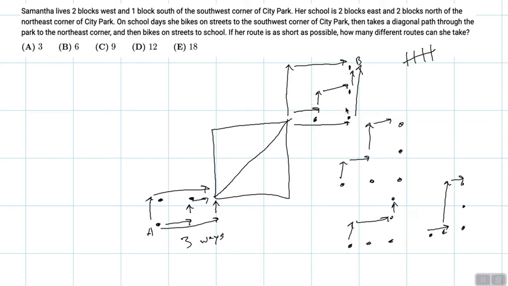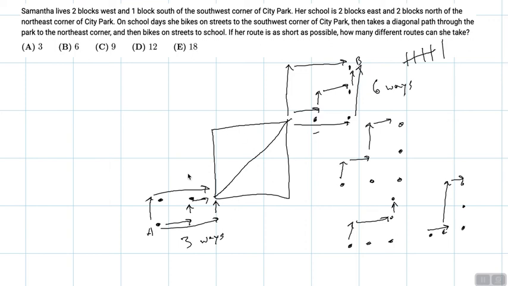And so you think through, probably would have been easier to write all these out as separate patterns. But if you look, all these are all different patterns. And if I try to think, there are no other patterns I could make here. So there are 6 possible ways from here she could get to school.